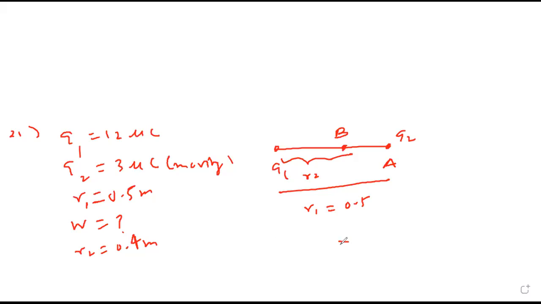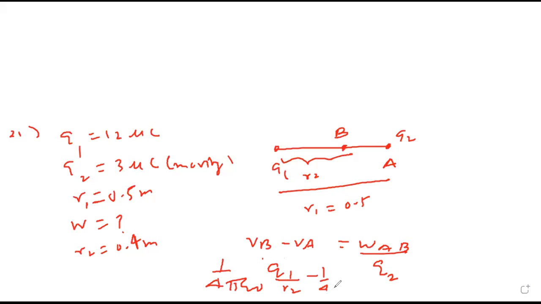Work done to move from A to B is potential at B minus potential at A, times Q2, which is moved. So potential at B means 1 upon 4 pi epsilon Q1 upon R2, minus 1 upon 4 pi epsilon Q1 upon R1. This is work done to move from A to B upon Q2. Please write this formula.